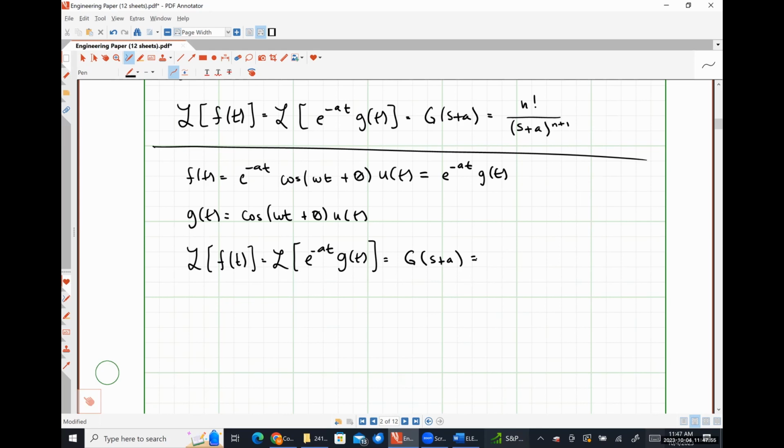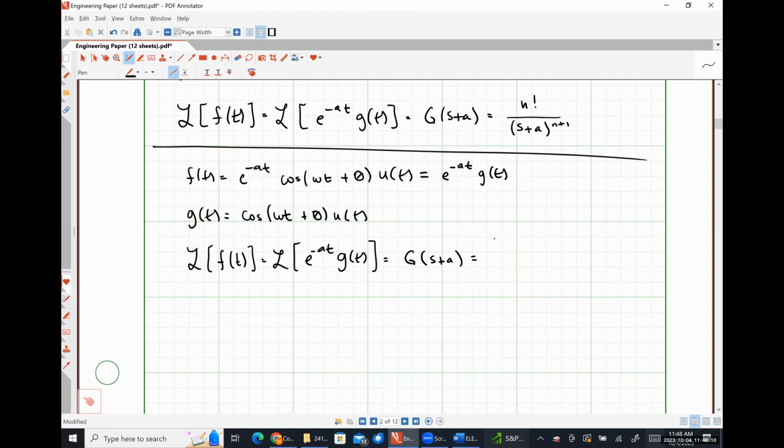And so using the table here, we would just take our Laplace transform number 10, and everywhere we see S, we would replace it with S plus A, right?